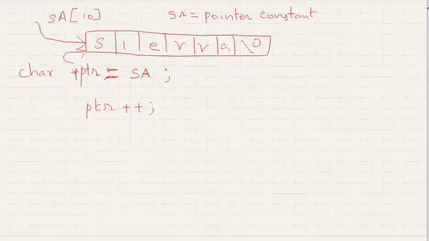It's the incremented pointer to the next location. If I do this now, after this statement, I increment. What do I get? I get I, right? Because now I updated my pointer to the next location, and when I dereference star pointer, I get the letter I.